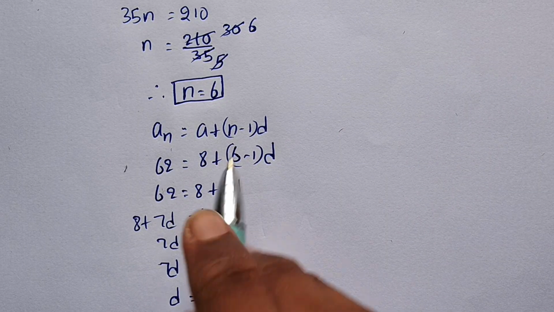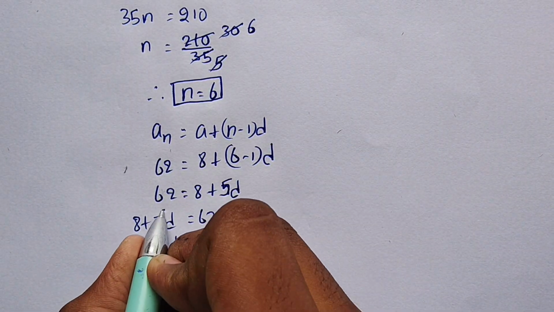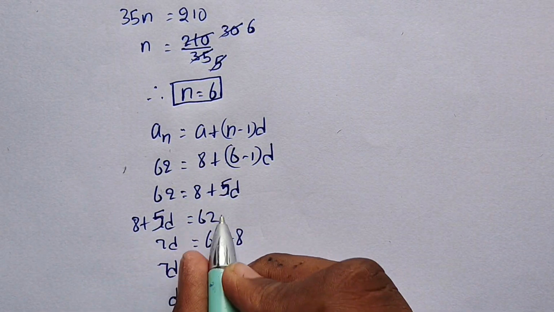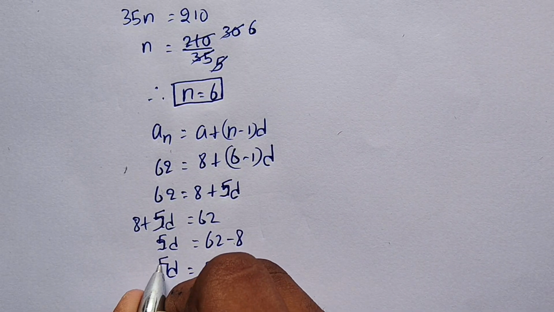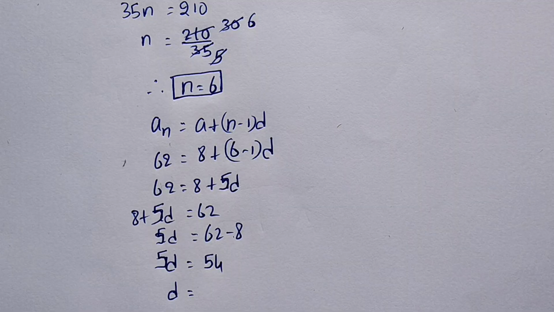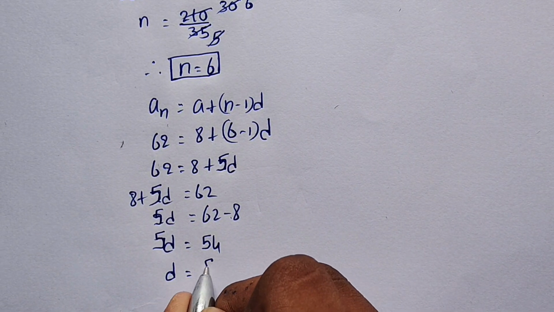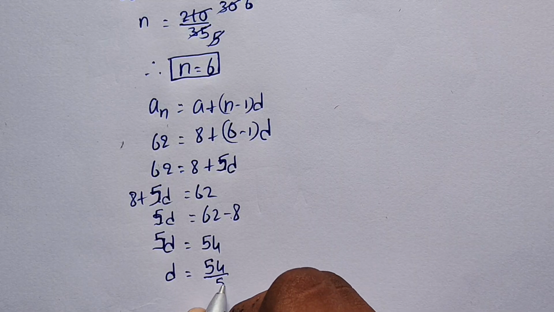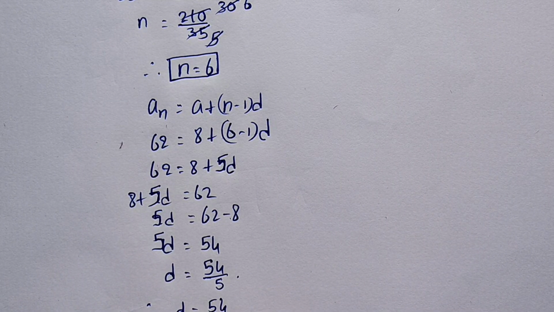Sorry friends, here 6 minus 1 means it is 5. So 8 plus 5d equals 62. Here 5d equals 62 minus 8. So 5d is equal to 54. If you transfer 5 to the right side, it will divide the 54. So 54 by 5. Therefore, the value of d is equal to 54 by 5.